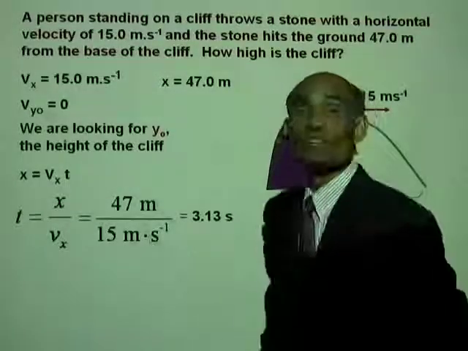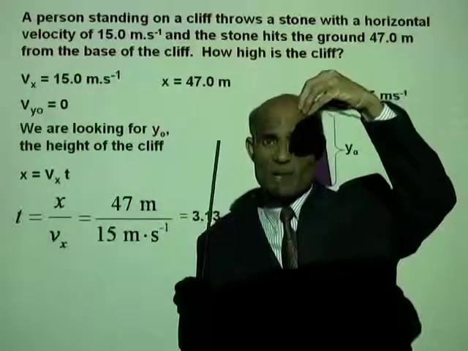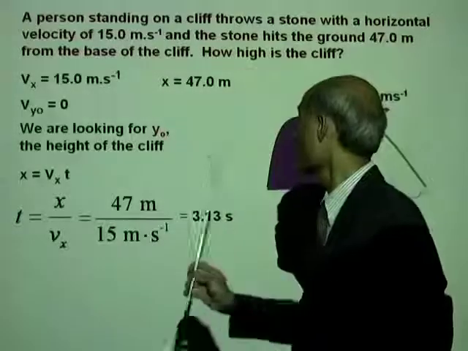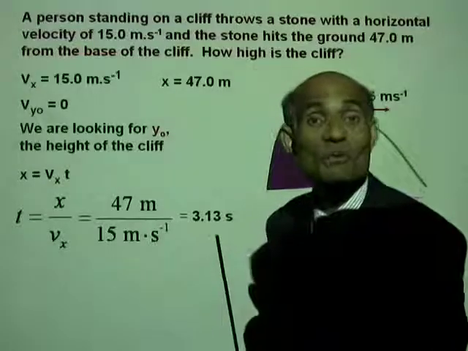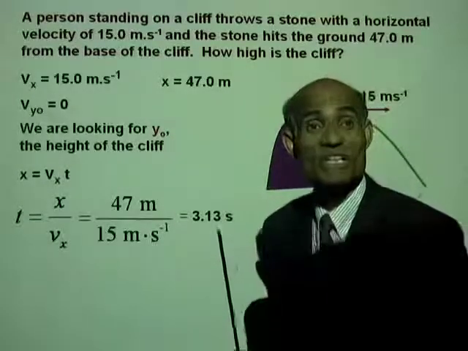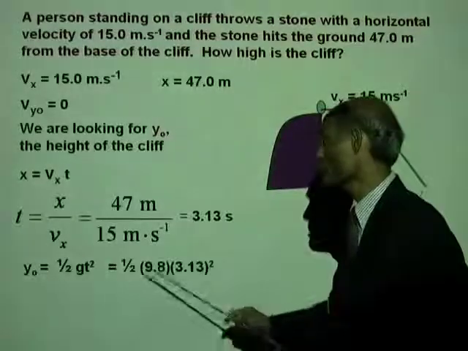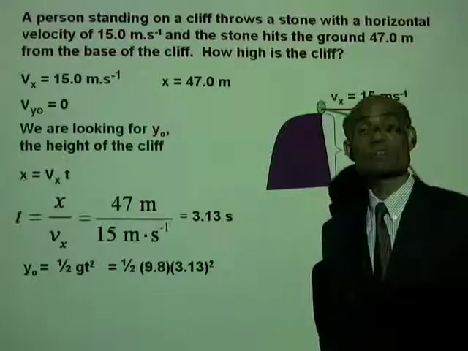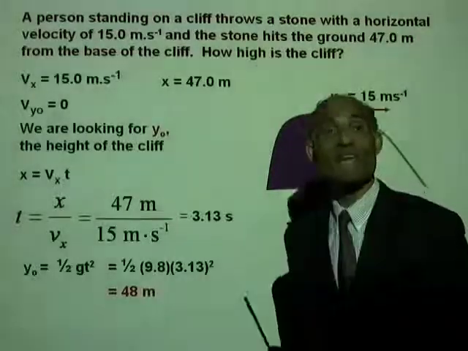Okay, if 3.13 seconds is the time taken to fall, can you tell me what is the equation we will use to calculate the vertical fall? What is y0 equal to? y0 equal to 1/2 gt squared. We used this before. So that will be 1/2 times 9.8 times 3.13 squared. And that is 48 meters.